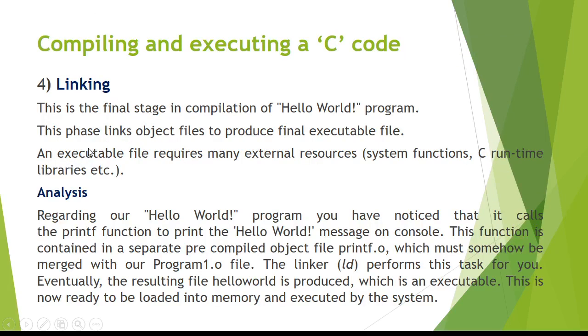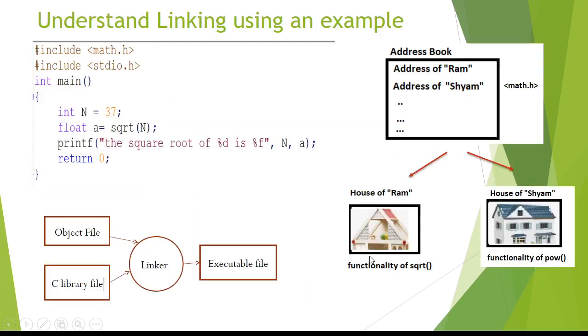So if you go back, this printf function is contained in a separate pre-compiled object file, printf.o. If I talk about printf specifically, the functionality is written in some other file that is called a library file, and some information related to printf is written in the stdio.h file.